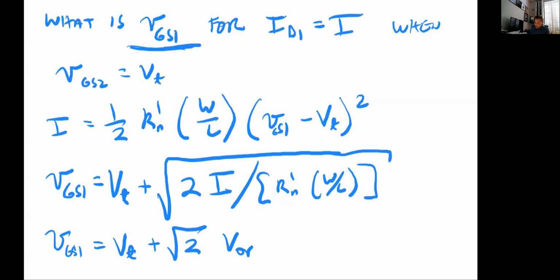So if we have that overdrive voltage applied to both transistors, then we get back to the balance state. So that's the maximum, but as we start increasing the overdrive voltage for transistor 2 and reduce the overdrive voltage for transistor 1, we get back to the balance state.